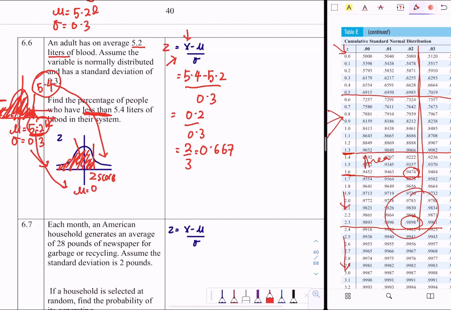That means the area for this one is 0.667, or 67%, of people who have less than 5.4 liters of blood in their system.